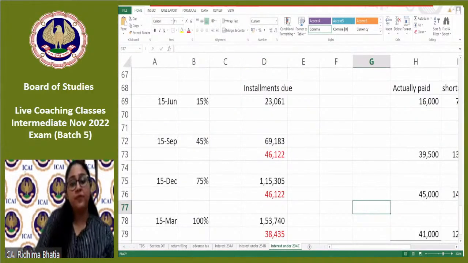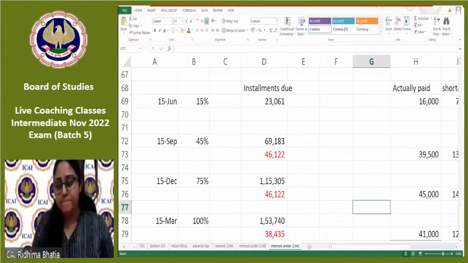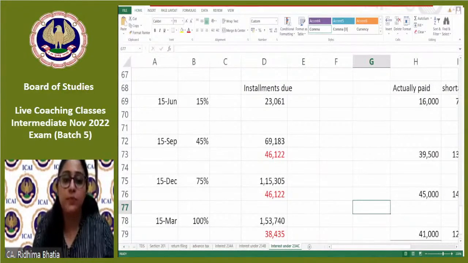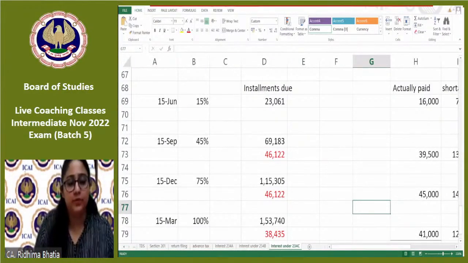Elaboracy, this would have been the right answer, but you have forgotten to check 12% and 36% wala limit.